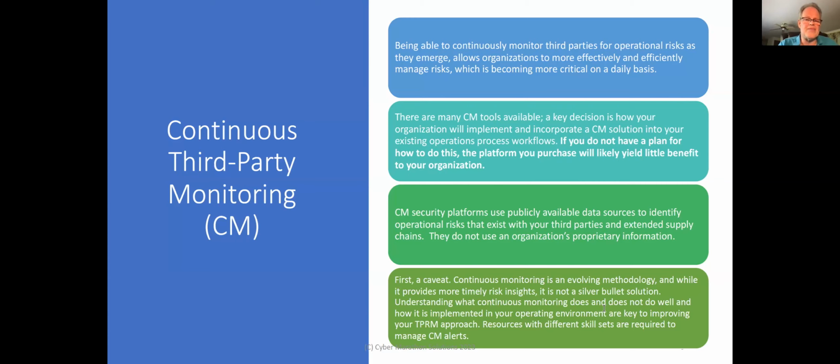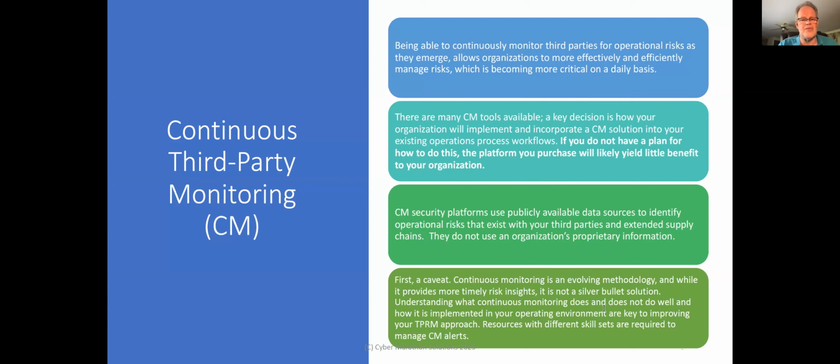What I strongly suggest is that before you go running out and purchase a continuous monitoring solution, you understand how that continuous monitoring solution would fit into your operational process workflows within your organization so that it can be properly leveraged.